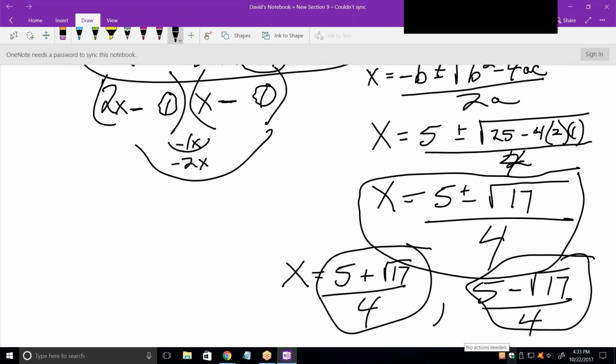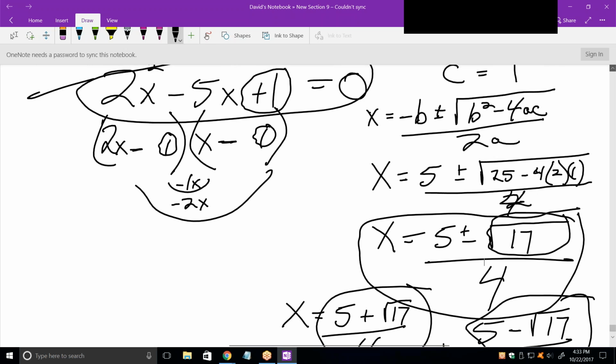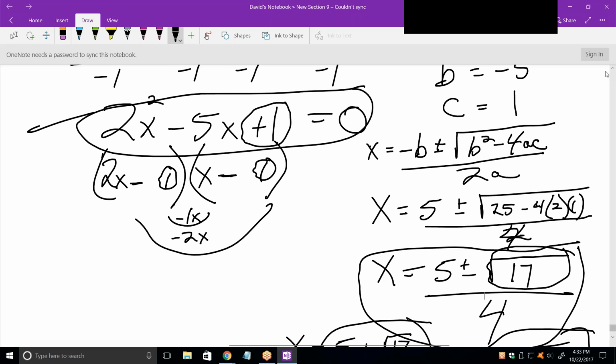Alrighty. The fact that it comes out with an irrational number, meaning we're taking the square root of a number that we can't reduce to an integer, merely confirms to us that it couldn't be factored. Because when you can factor something, you always get rational numbers. You don't get irrational numbers.